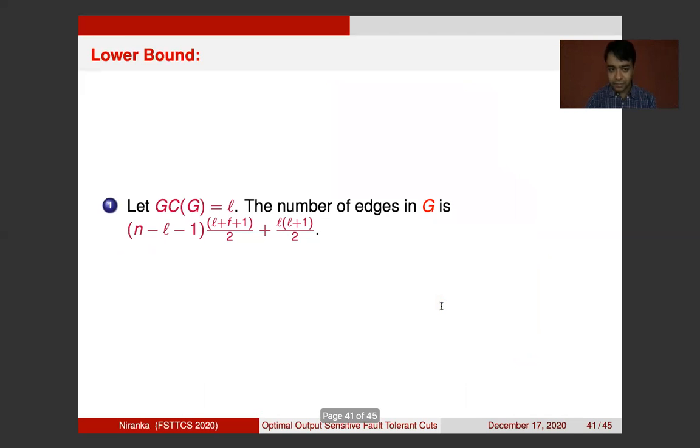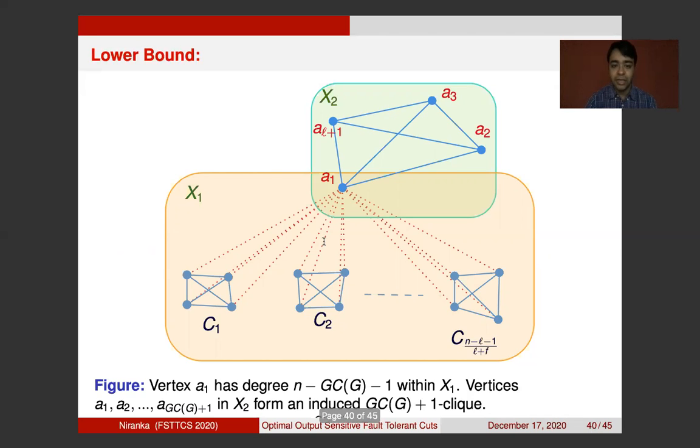First of all, the global cut we have defined as L. The number of edges in G is (n minus L minus 1) times this much, plus L times (L plus 1) by 2. The L times (L plus 1) by 2 comes from the partition X2, and the remaining comes from X1.